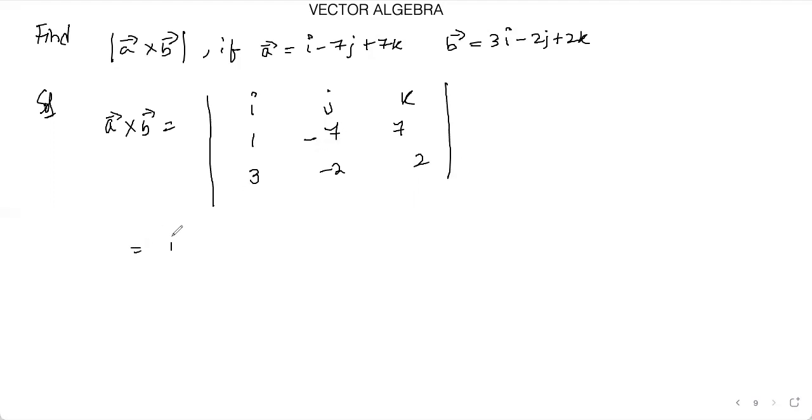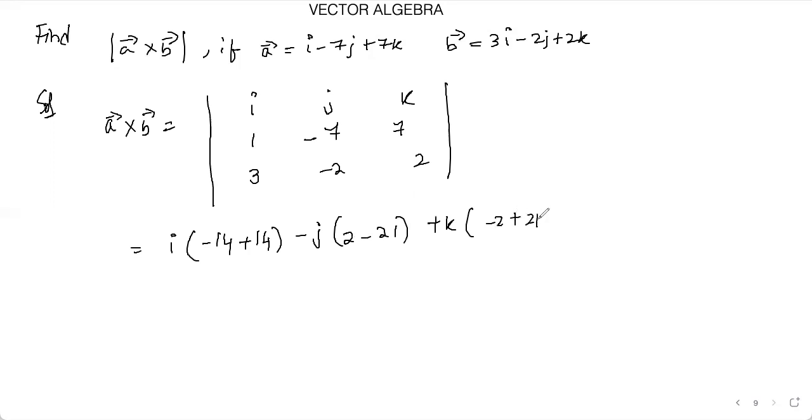So I multiplied: this is minus 4 minus 4, then minus j into minus 6 minus 2, plus k into 6 minus 2.